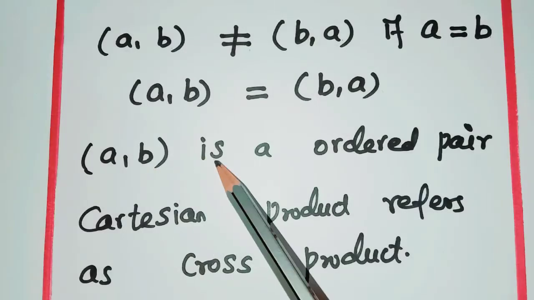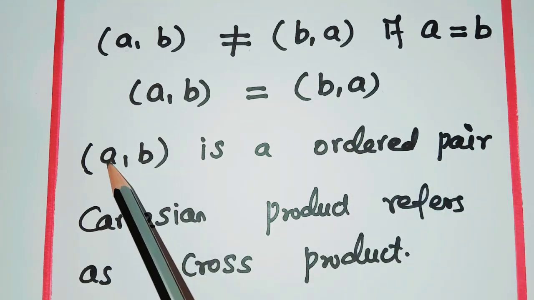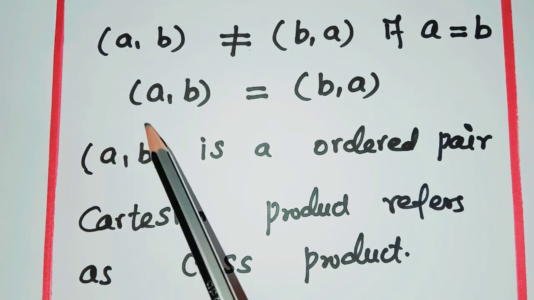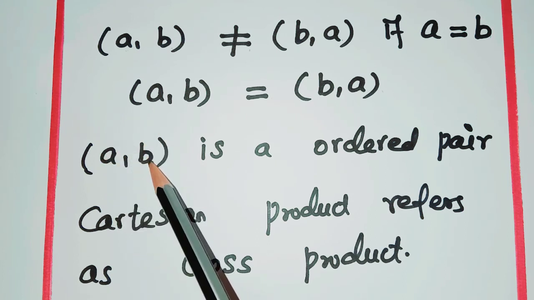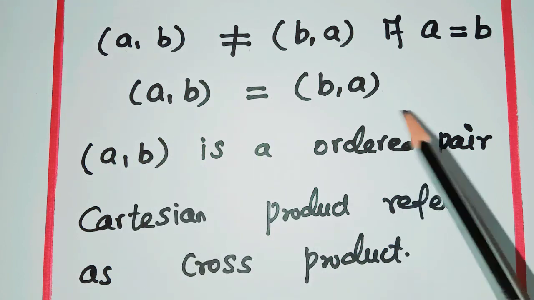Here (a, b) is an ordered pair. Ordered pair means the order of the elements is important. The first element belongs to set A, the second element belongs to set B. So that is called the order of the elements.